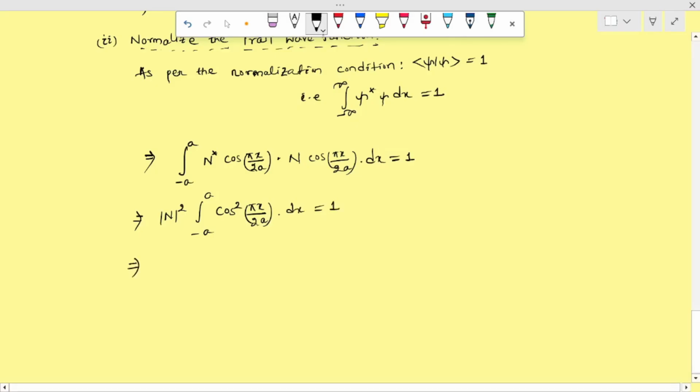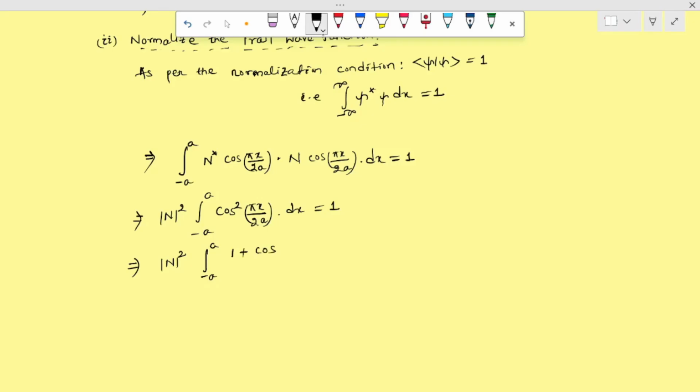That implies mod N square, this is a common integration that you can do by yourself easily. Here cos square(pi x by 2a) can be written as (1 plus cos 2 theta) by 2. Cos 2 theta means 2 pi x by 2a, so the 2 gets cancelled, I can write pi x by a, by 2, dx is equal to 1.